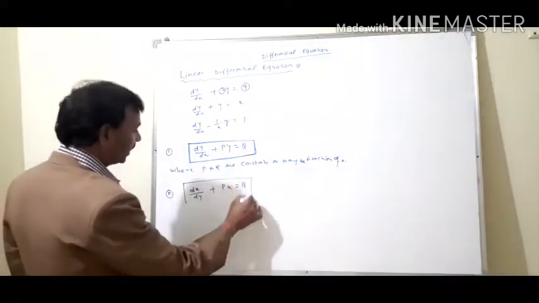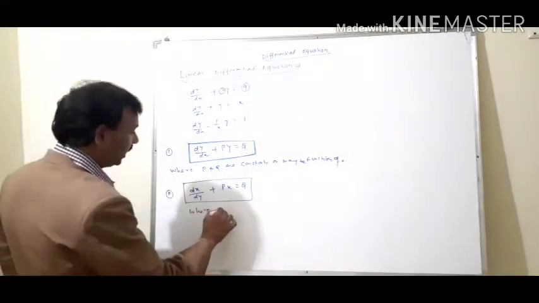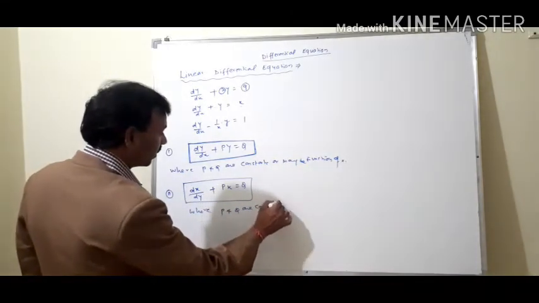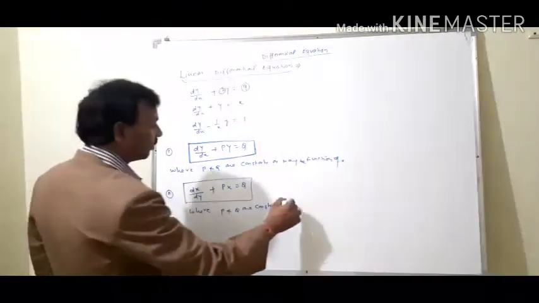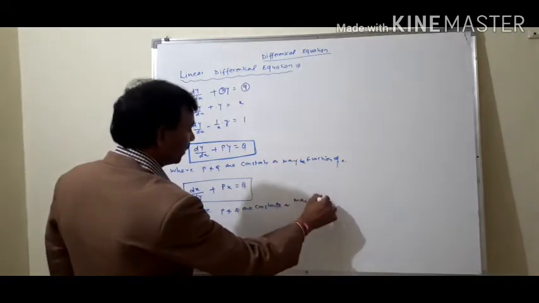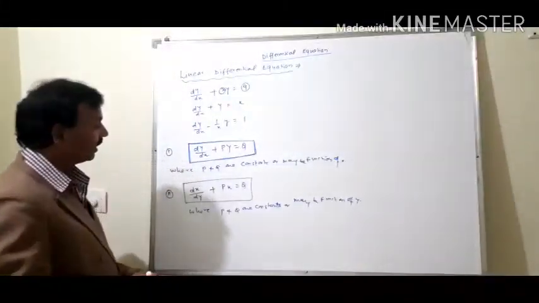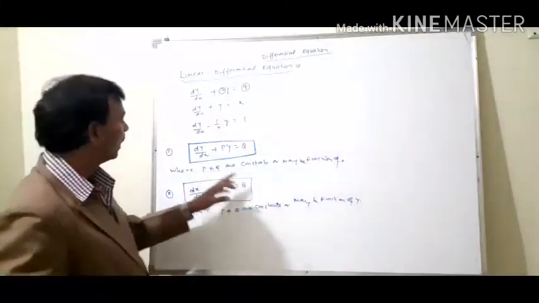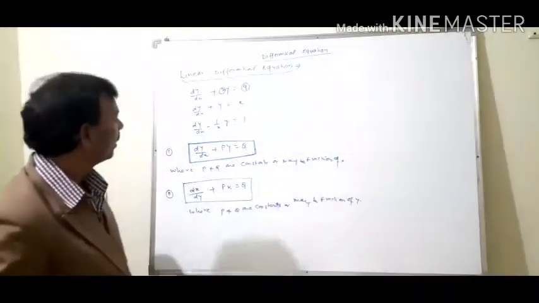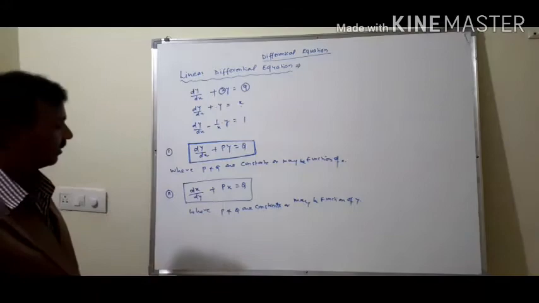This is the second type of linear differential equation, where p and q are constants or functions of y. That means in this type the functions are of y, and the variable is x.